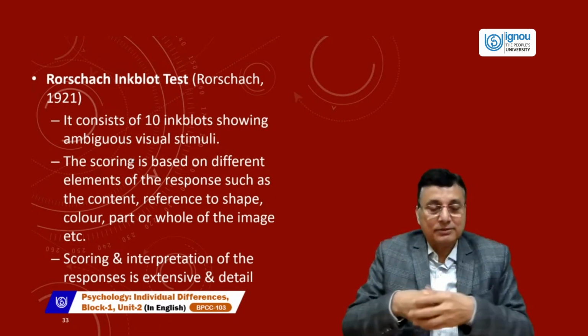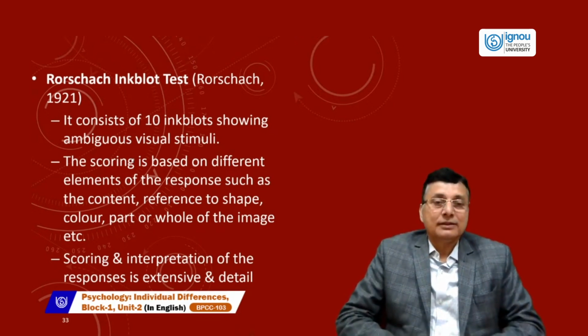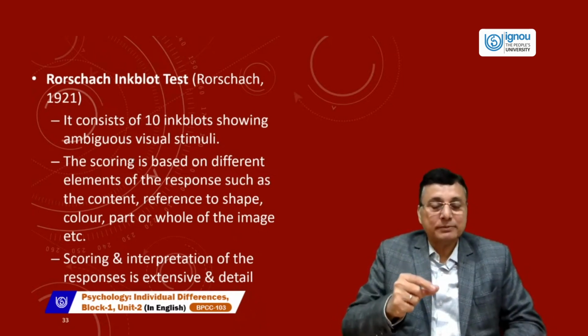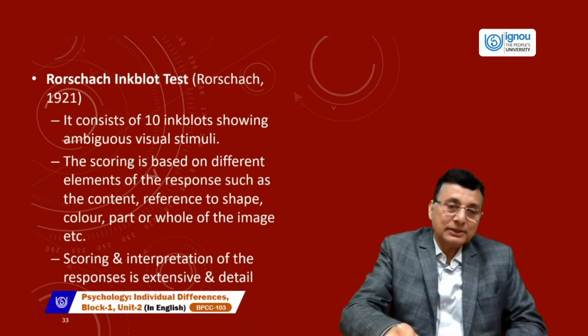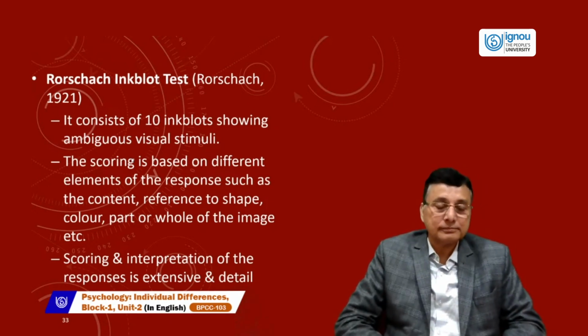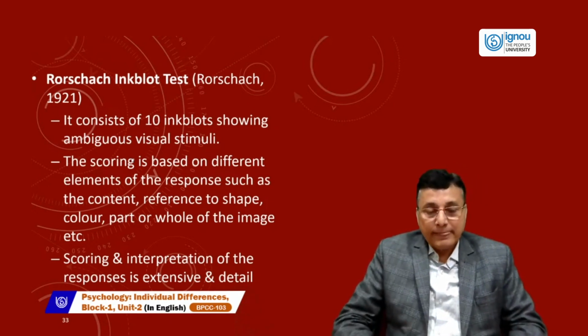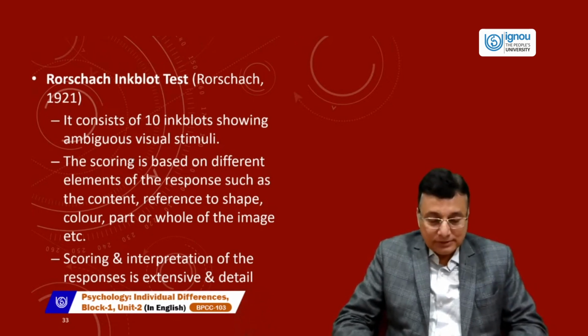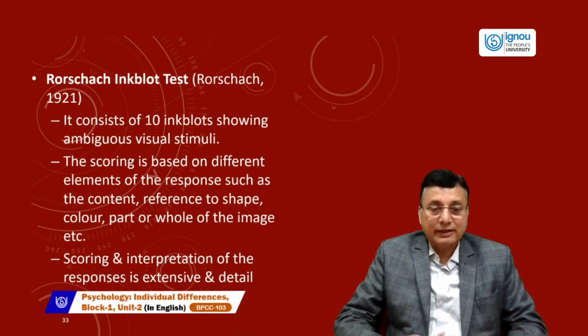Then show the card to the subject or client and note down the time. You have to note down the reaction time, which is the time lapsed between the card being shown to the client and the response given by the client. After showing the card, you just wait and let the client respond.